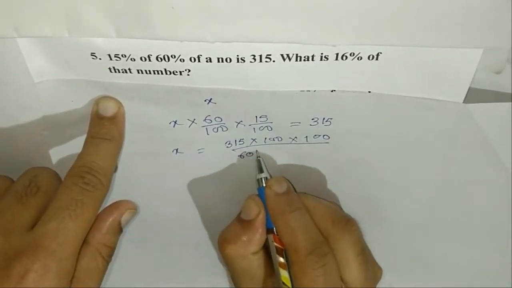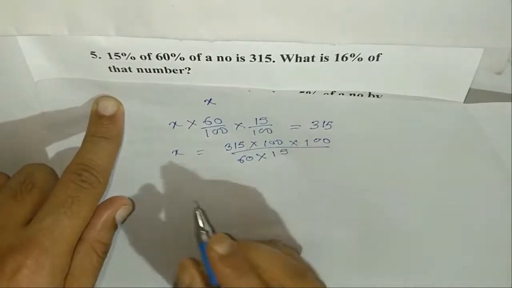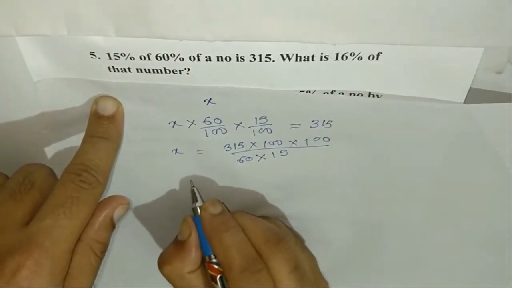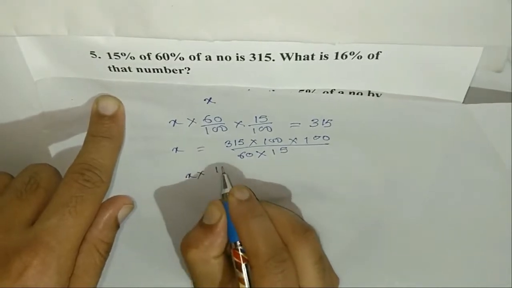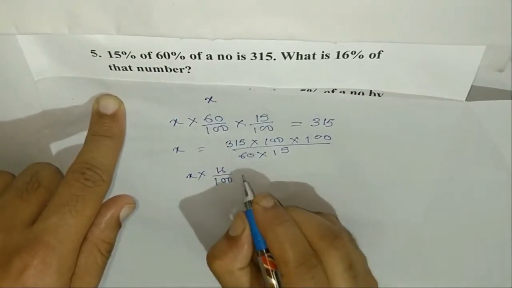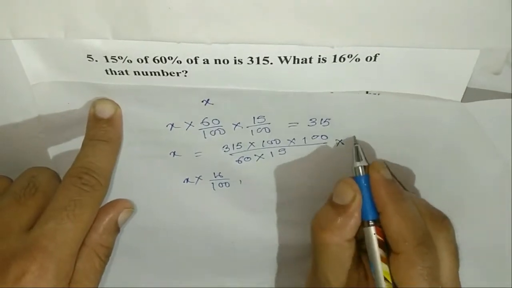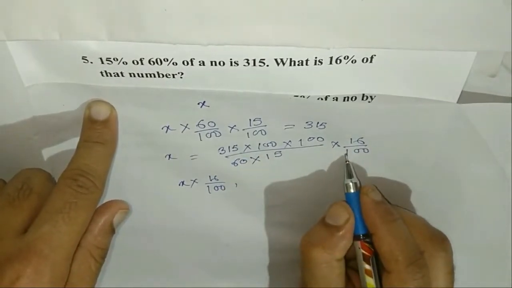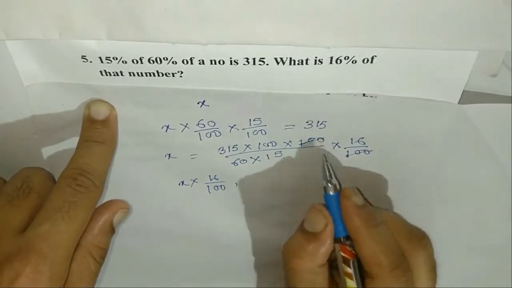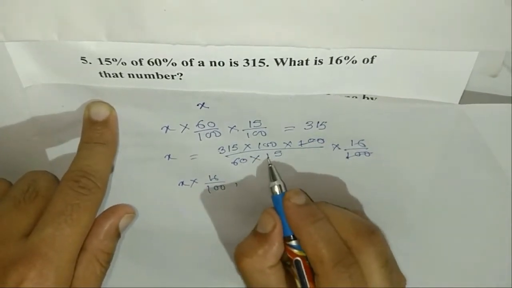So if we calculate, we will get x is equal to 315 into 100 divided by 60 into 15. Now let us not calculate here; we need to find 16% of x. So what is 16% of x? X into 16 by 100. Now we are going to multiply the same value by 16 by 100. This is the final equation that we need to solve.